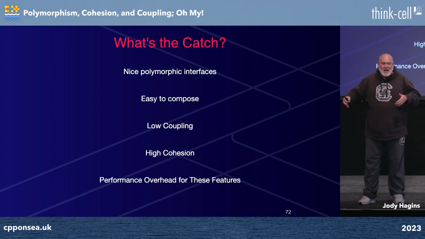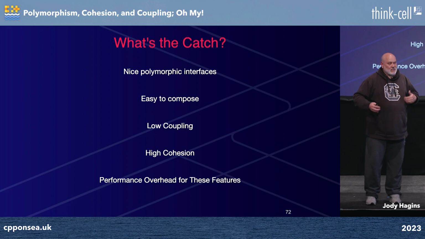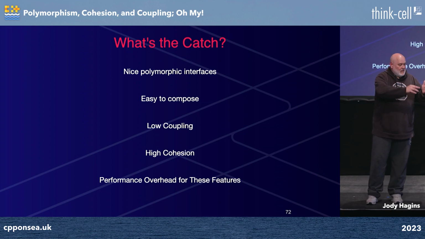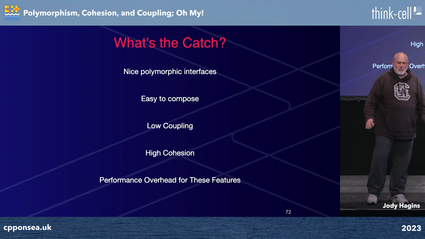All of that has to happen at runtime. And I will propose a design that allows us to do all of that at compile time. So that by the time you're done, you still get all of these benefits. You don't sacrifice one of them. But it all happens at compile time, and so you pay none of that performance overhead.